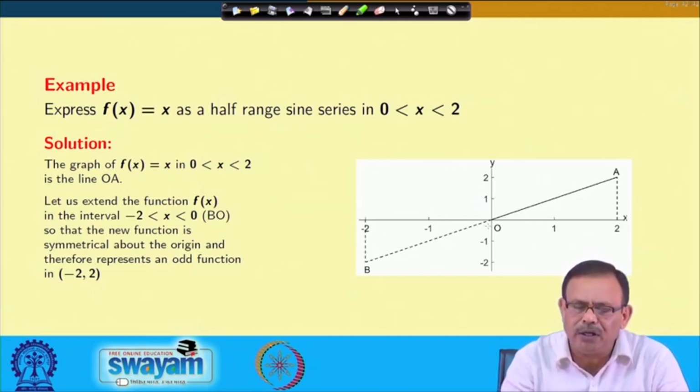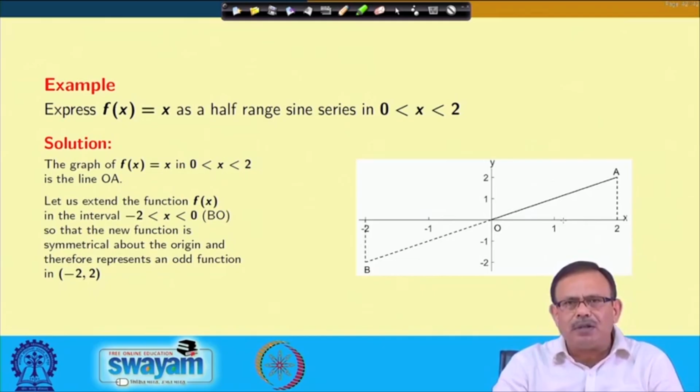Now, we are extending it in 0 to minus 2 also in the form of OB, in such a fashion that it becomes symmetric with respect to the origin, so that it will represent an odd function in the minus 2 to 2.